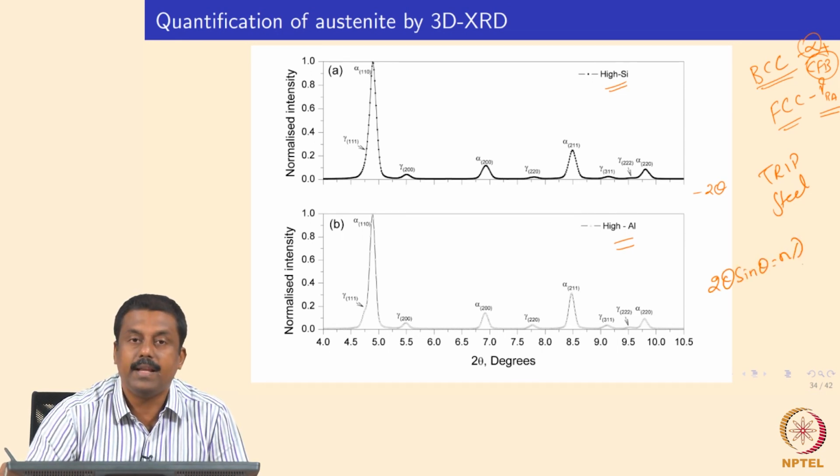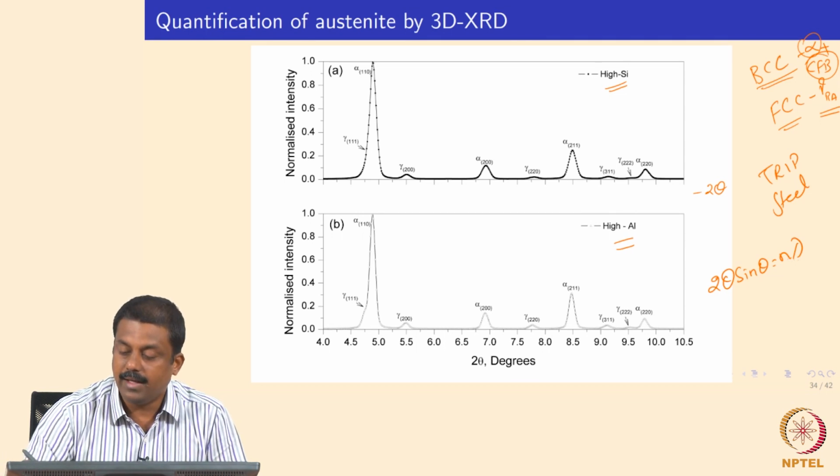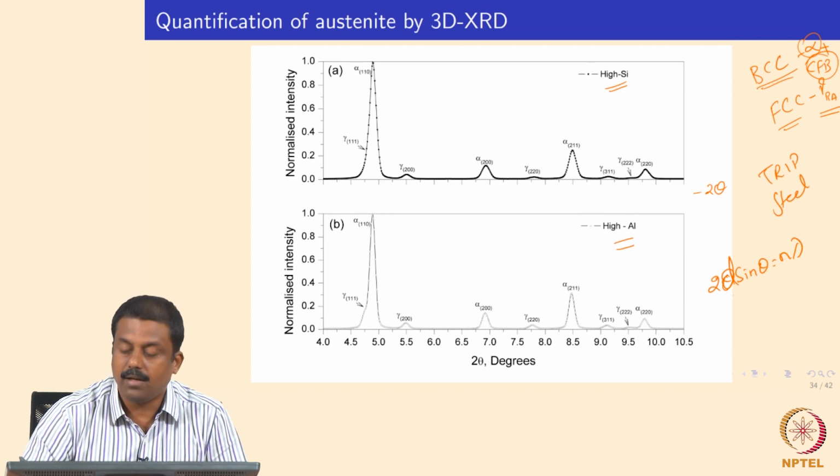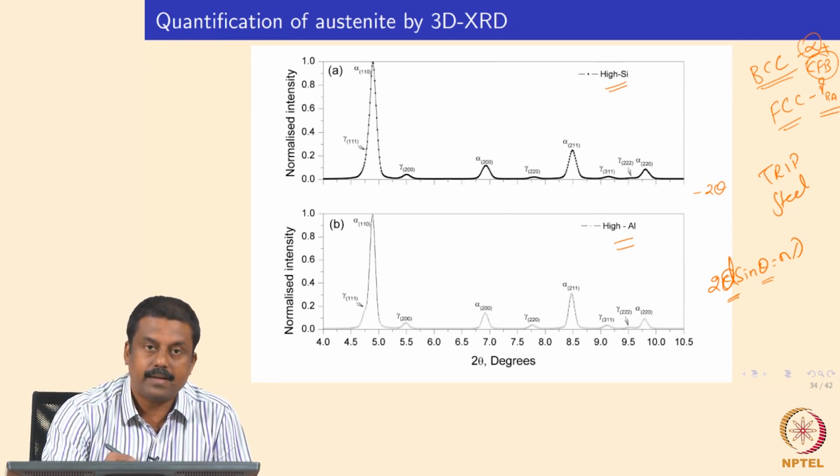Here lambda is the wavelength of the X-ray. When the d spacings of the crystal planes satisfy Bragg's law, you will get a diffraction pattern.